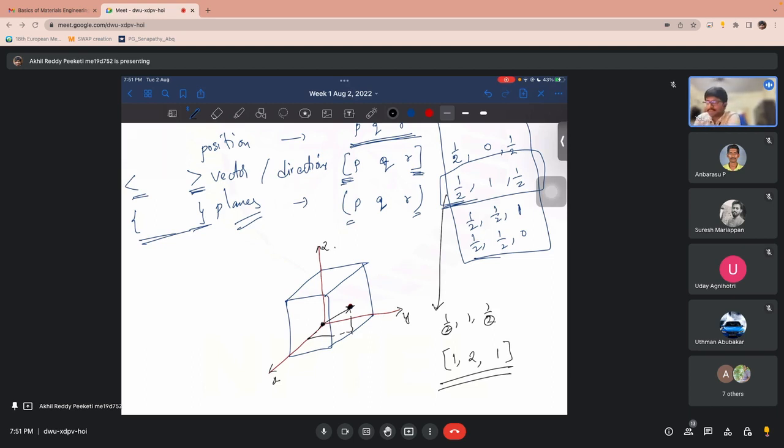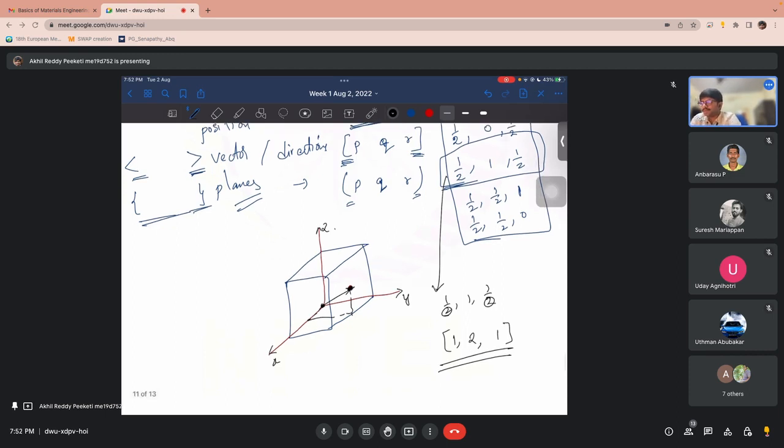Okay. So is this clear? What about if we have this would be the Miller index vector. Any doubt in this?